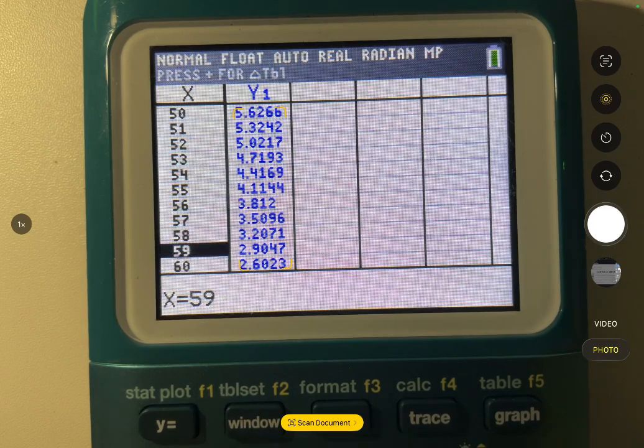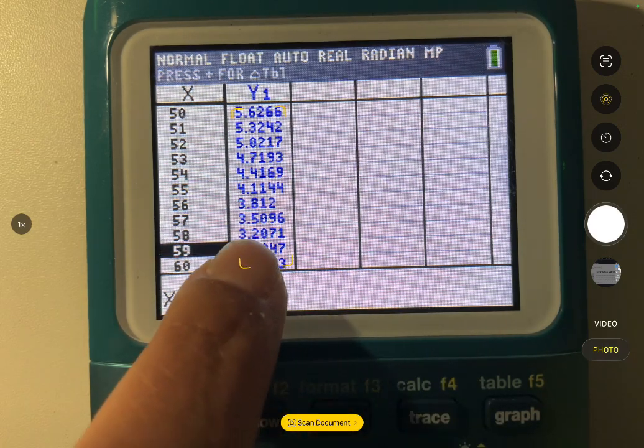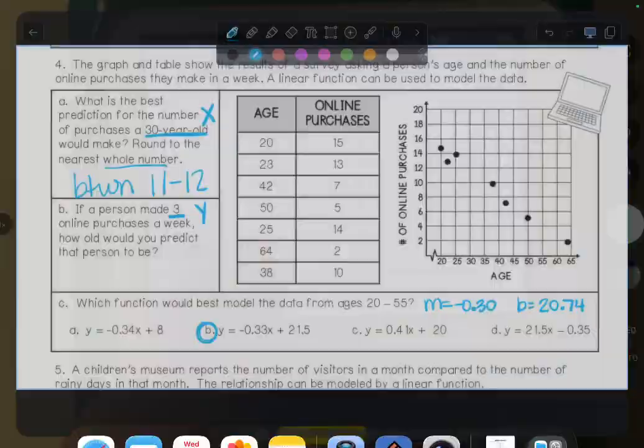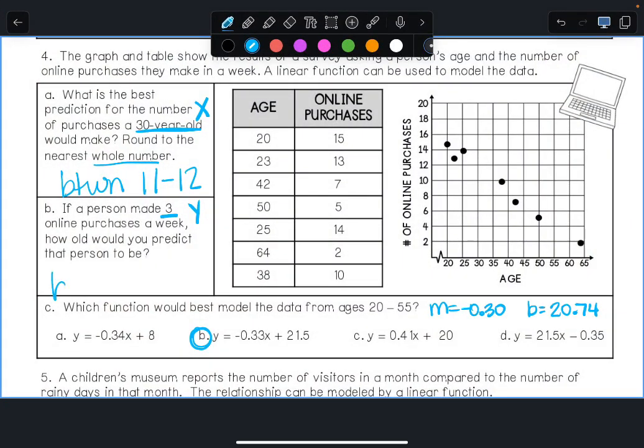Because the number 3 is in between 2.9 and 3.2. So the answer choice that you pick is going to be between 58 and 59.